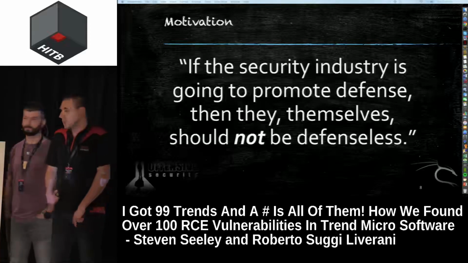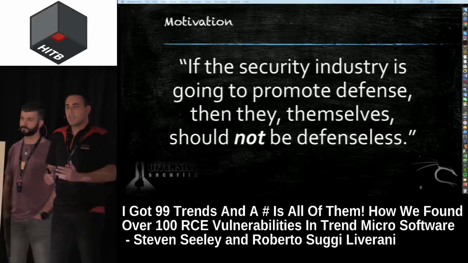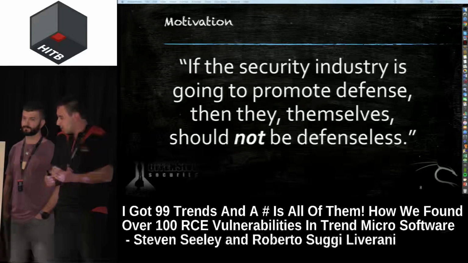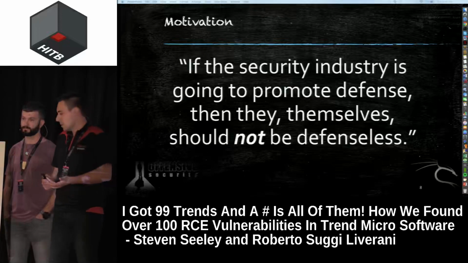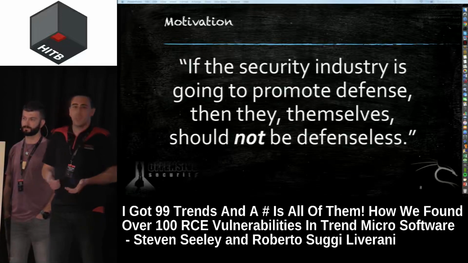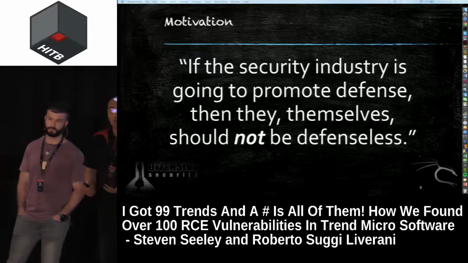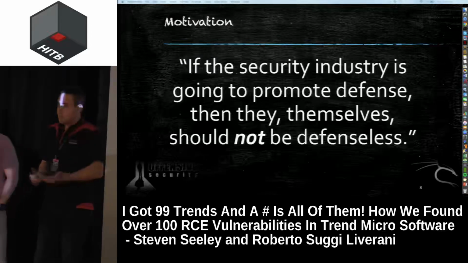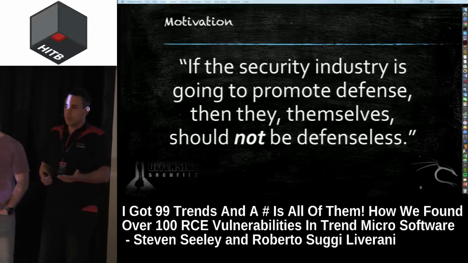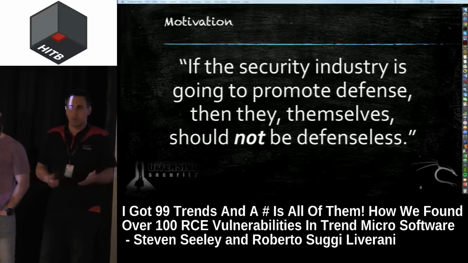Last but not least, I'm going to quote this: if the security industry is going to promote defense, then they themselves should not be defenseless. We did a lot of disclosures, and sometimes we disclosed to products of other industries, not the security industry.